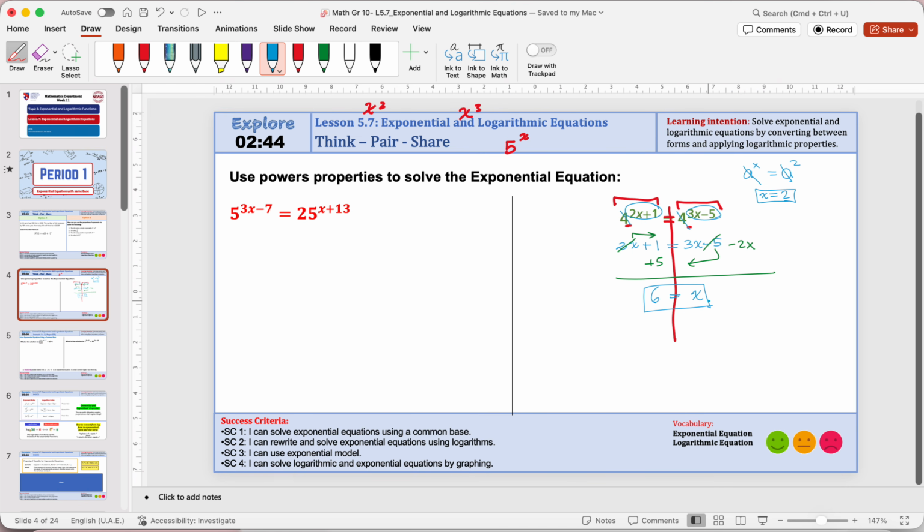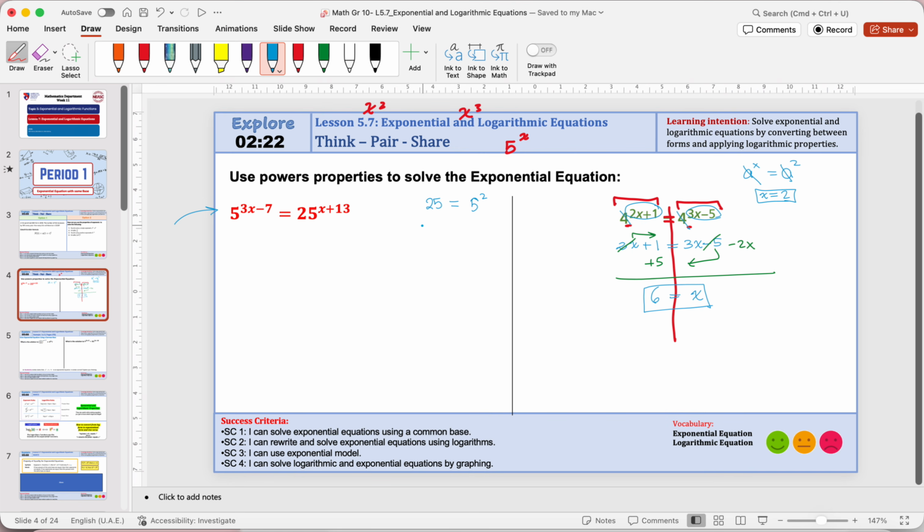Now please keep in mind that this case is only there when you have the same base, the exact same base. Now what do I do if I have such an example? I can tell clearly that the base is different. It's 5 and 25. But the thing is, you know that 25 originally I can write it as 5 squared.